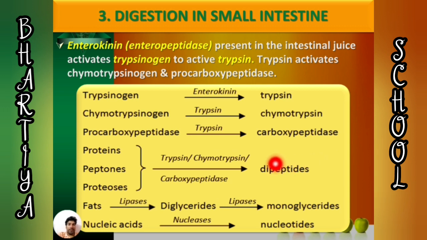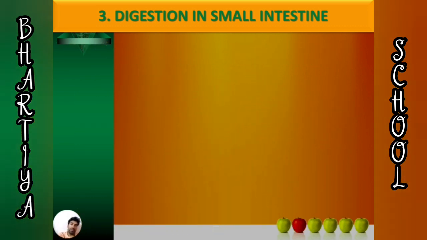And the pancreatic lipase enzyme converts fat into diglycerides, and diglycerides into monoglycerides. Nucleic acids are converted into nucleotides by nucleases enzyme present in the pancreatic juice.